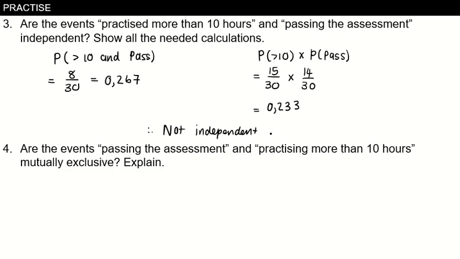Are the events passing the assessment and practicing more than 10 hours mutually exclusive? For events to be mutually exclusive, the probability of passing and practicing more than 10 hours needs to be 0. That is what mutually exclusive says. If that probability is 0, then they are mutually exclusive.